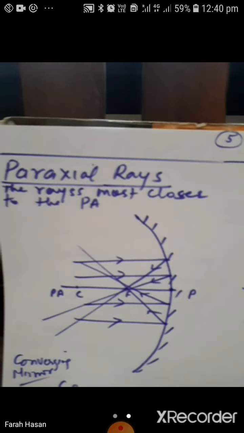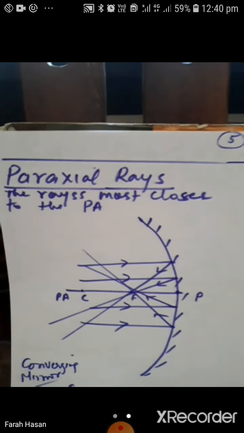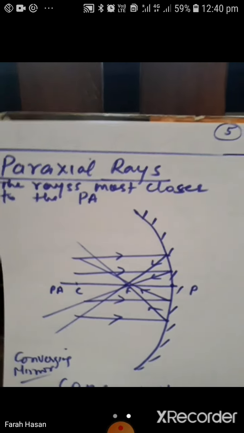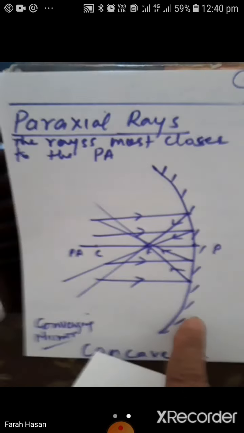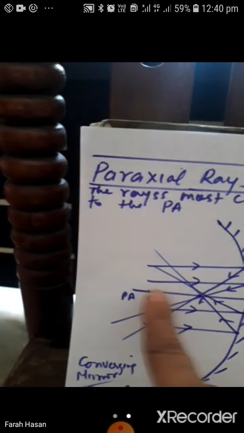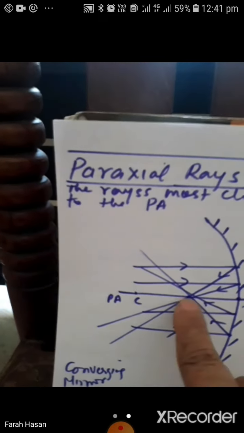What are paraxial rays? The rays which are closest to the principal axis. In this concave mirror, these rays very close to the principal axis fall on the reflecting surface, converge and pass through a point F.